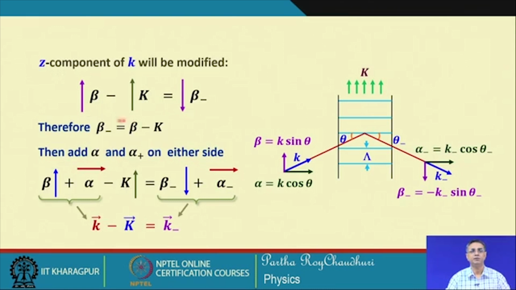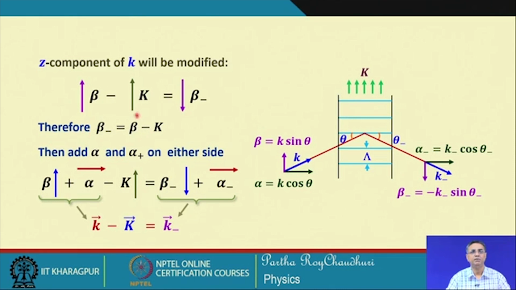Therefore, in the same way, the incident beam will be modified by this K vector, which will give you this. So, as if you bring it to this side, then the sum of these two will be equal to this. So, β is getting modified because of this acoustic wave vector K. So, if you add this, then you will get this equation.